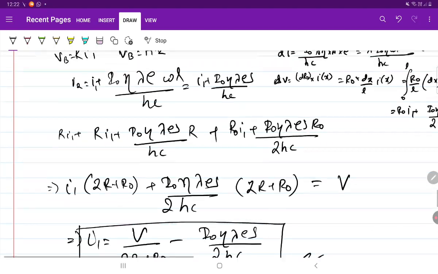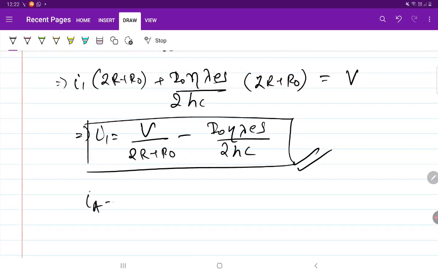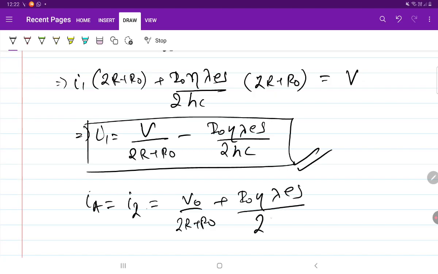This will be the current through resistor B, and the current through resistor A is I2, equal to V by 2R plus R naught plus I naught eta lambda e s by 2hc. So that's the solution.